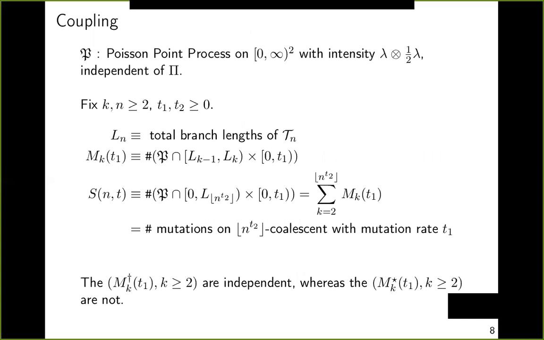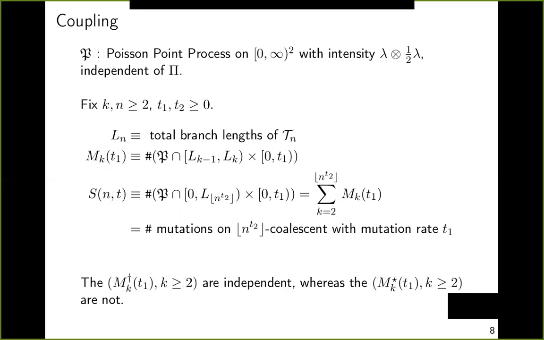So now for the coupling, we take a Poisson point process on R plus squared with intensity lambda times 1/2 lambda, where lambda is the Lebesgue measure. And this process is independent of pi. Then by Ln, we're going to denote the total branch length of the coalescent tree restricted to n.